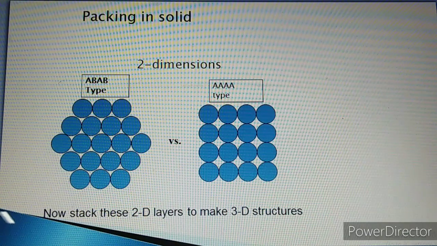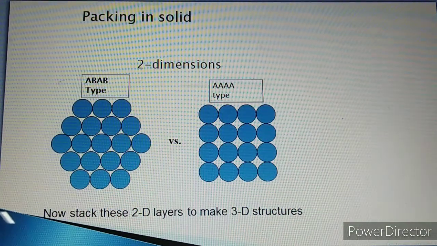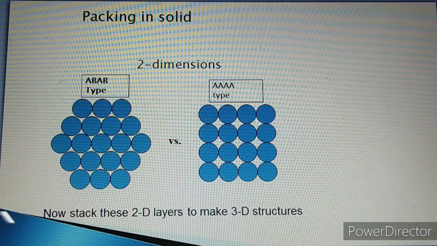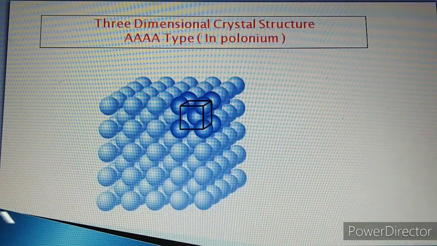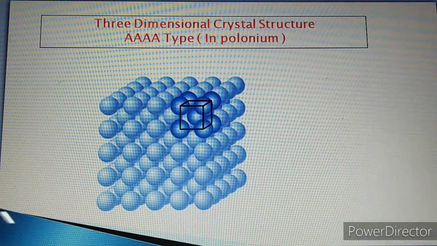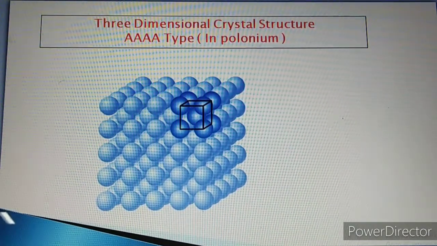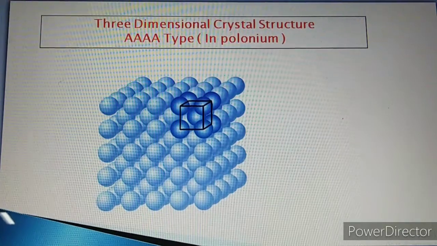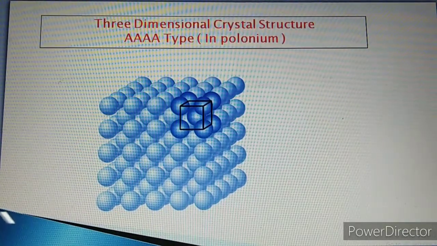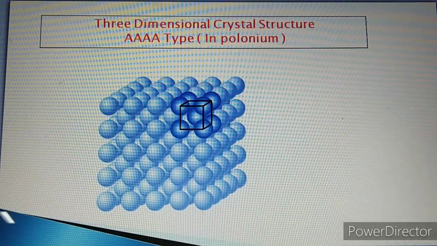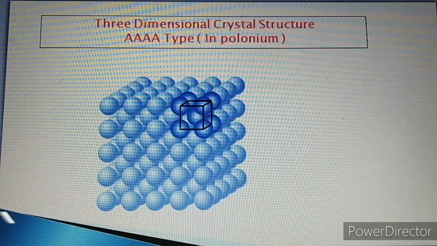this packing in crystalline solid. Again, in 2D layers and 3D layers, we have shown this ABAB type and AA type arrangement. Now, by using this two-dimensional packing of particles, we are able to draw the three-dimensional crystal structure. In three-dimensional crystal structure, again, there are two ways we can draw it, either by using AA type two-dimensional arrangement or ABAB type two-dimensional arrangement.